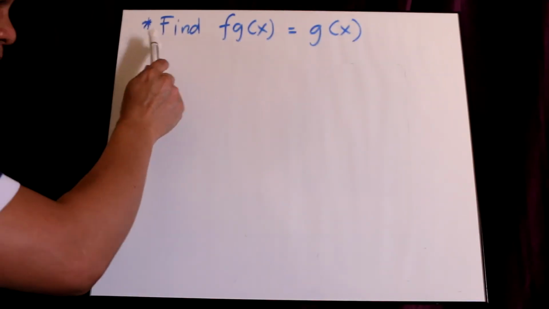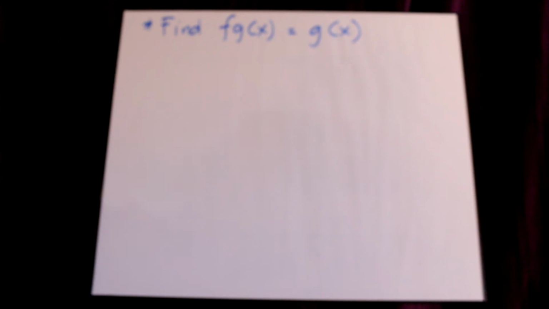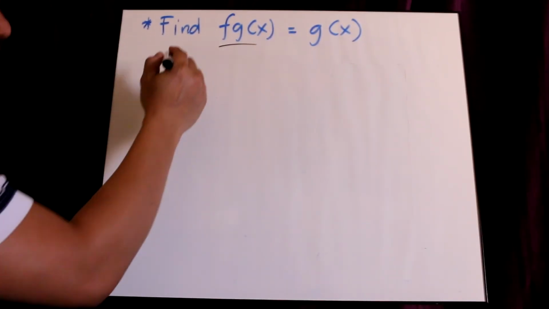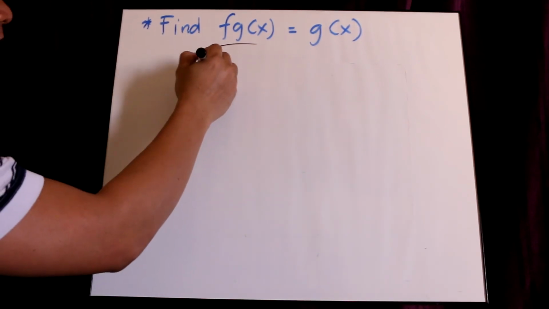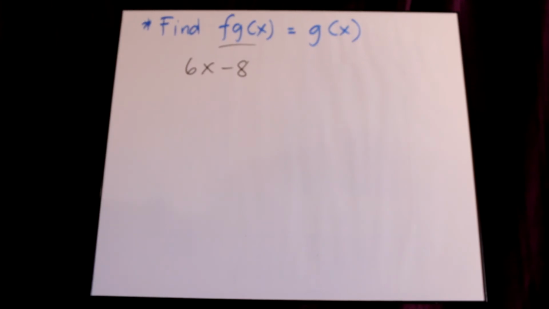So we need to find fg(x) equals g(x), right? Because we found fg(x) earlier, and this is equal to 6x minus 8. Remember that?